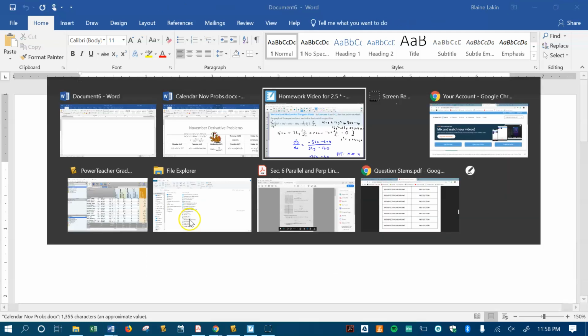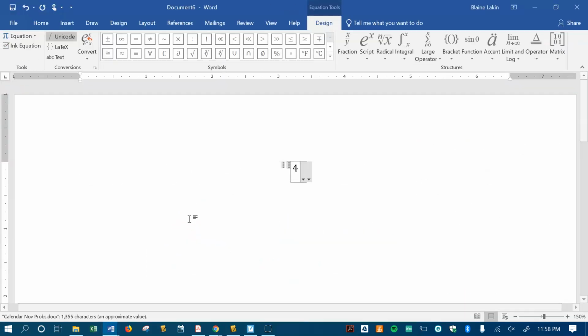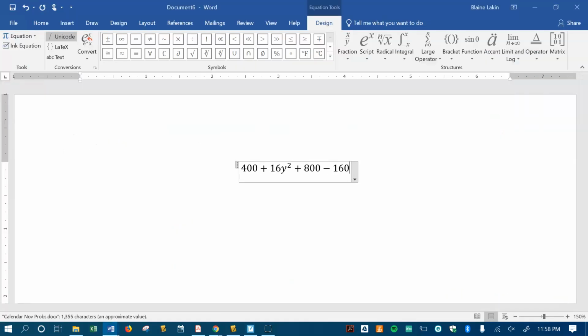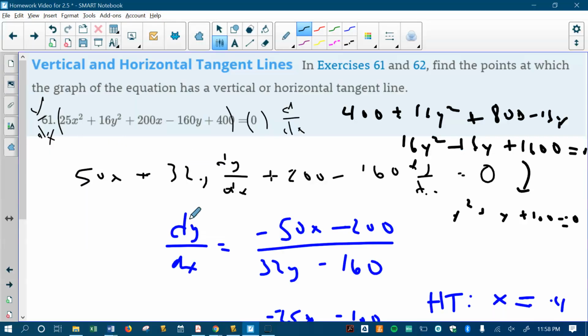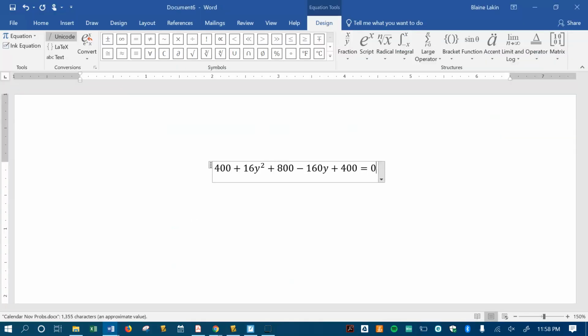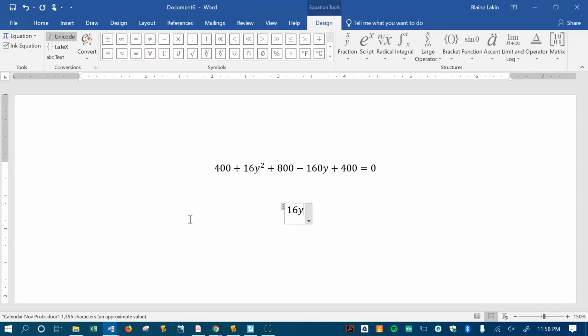Okay, so let's see here. We had 400 plus 16y squared plus 800 minus 160y plus 400 equals 0. Let's see what we get. 16y squared minus 160y plus 1600 equals 0.